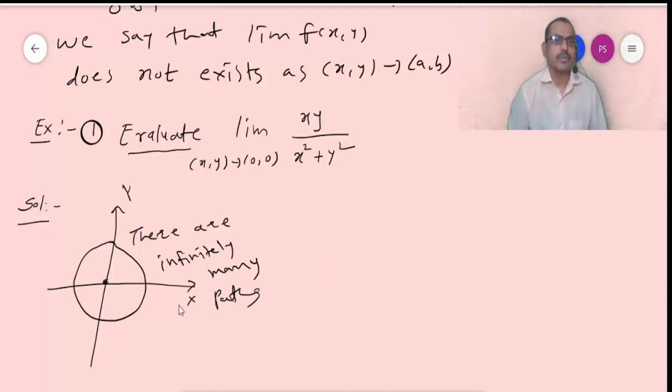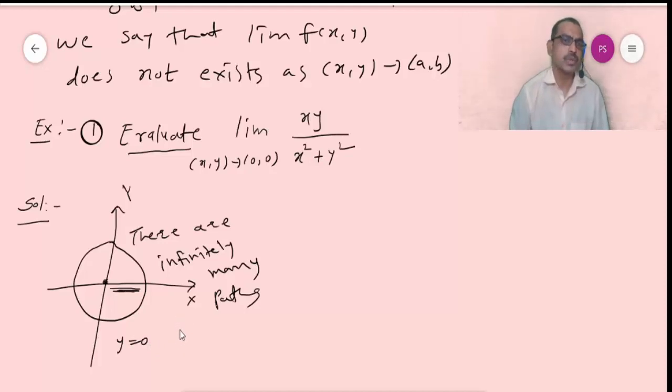If we choose the path along the x-axis, then y is equal to 0.